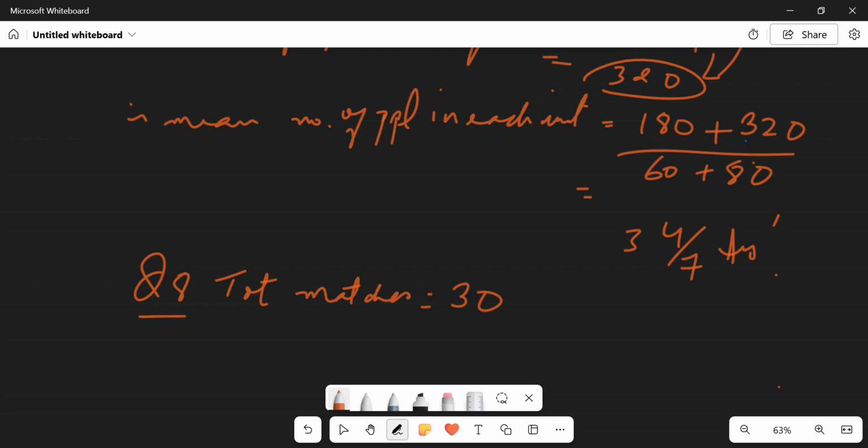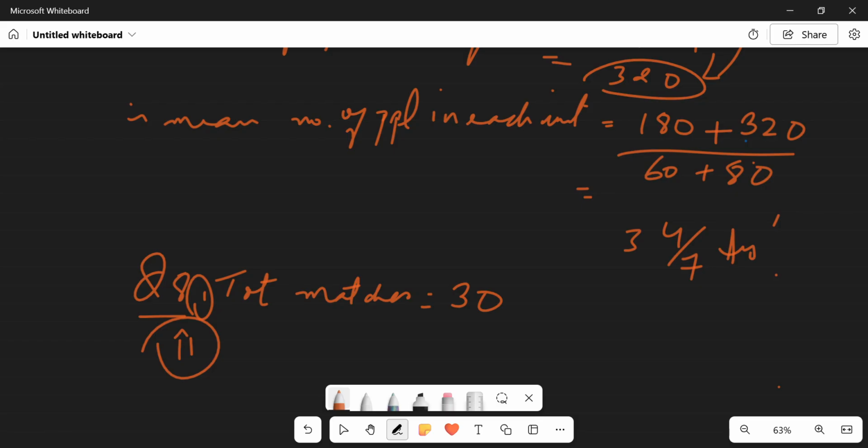Okay, this is part 1 and then part 2. Part 2 is what we need to do, the total number of the goals scored, right? We have our first part, 6 matches. In 6 matches, there are 0 goals, right?